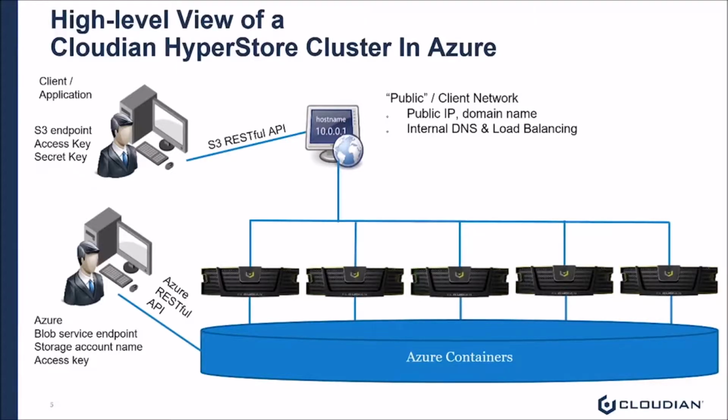Internally, there's DNS and load balancing, since every node within the cluster is a peer, and any node can be a controller for a specific transaction. We want to distribute the workload across all the nodes, and this is also how we expand performance as we expand the cluster. The objects are tiered out of the Cloudian cluster into Azure Containers, which then allows Azure to directly access those objects via the blob service endpoint, the storage account name, and the access key.